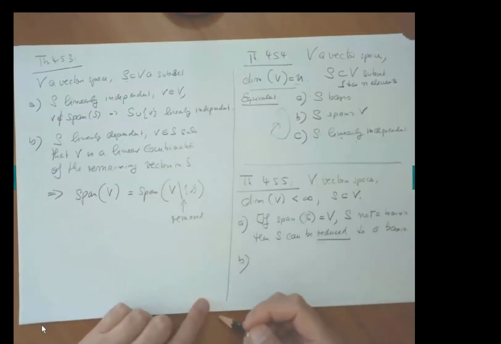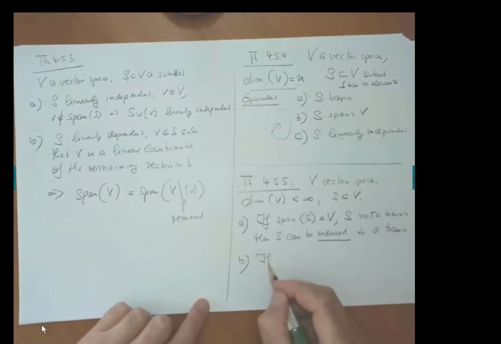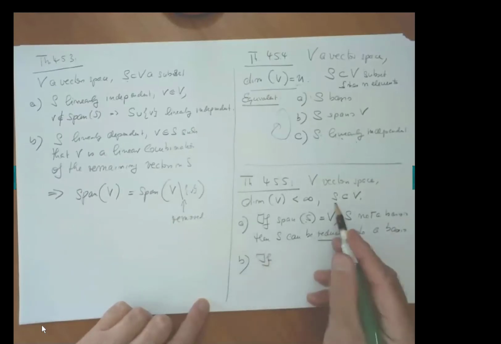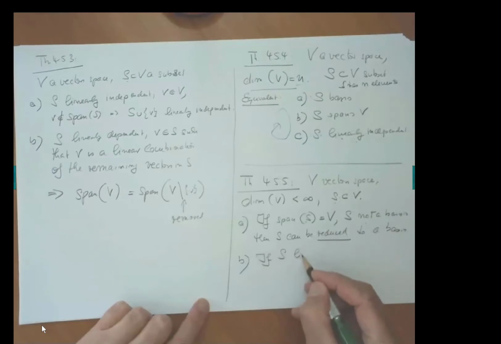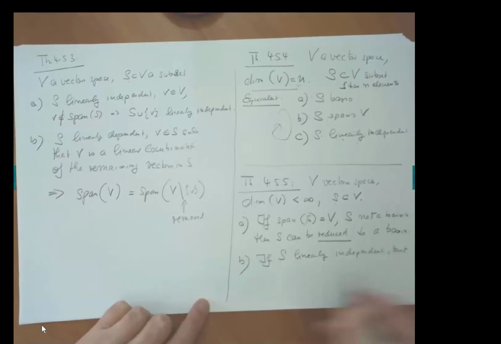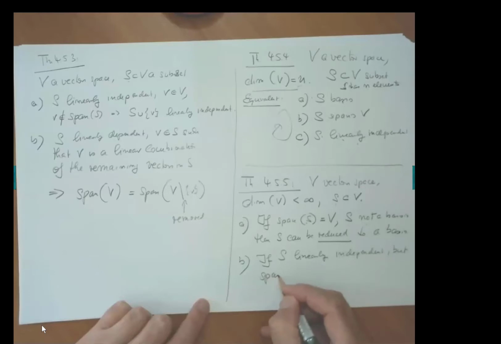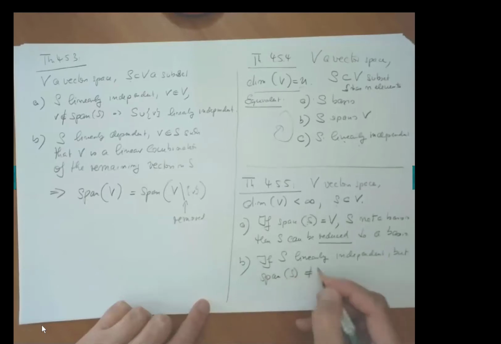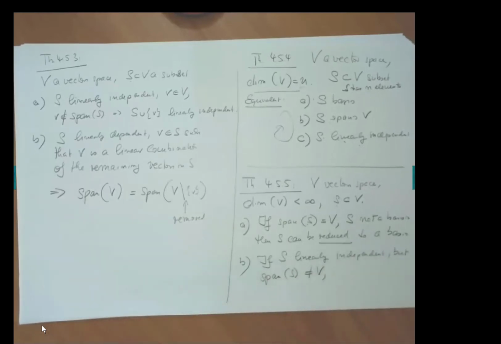Part B is if S again is linearly independent, but the span of S is not equal to V, so it doesn't generate the whole space, then you can add some vectors and make it into a basis. Instead of adding vectors, I say it can be extended. So this is a reduction.